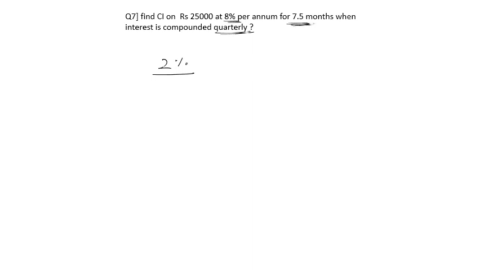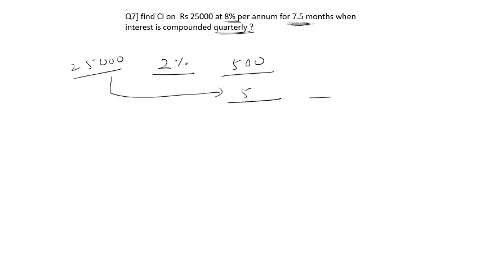Okay, let's start. Principal is 25,000 and for 1 quarter the rate is 2%. So for the first 3 month period, the interest will be 2% of 25,000, that is 500. For the next 3 months, it will be 2% of principal, meaning 500, and 2% of 500. 1% of 500 is 5, 2% is 10.